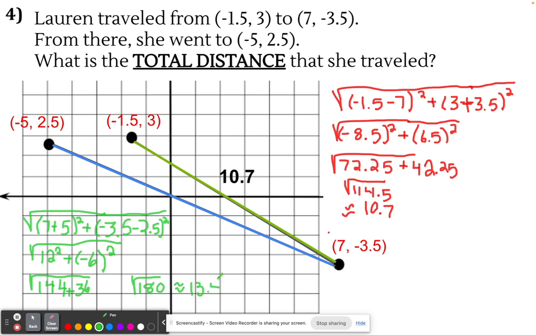Since I rounded this one to 1 decimal place, I'll round the other one to 1 decimal place also. So 13.4, 10.7. To answer my question, the total walked would have been 24.1, whatever units these are. Walks, miles, 24 miles would be very far.